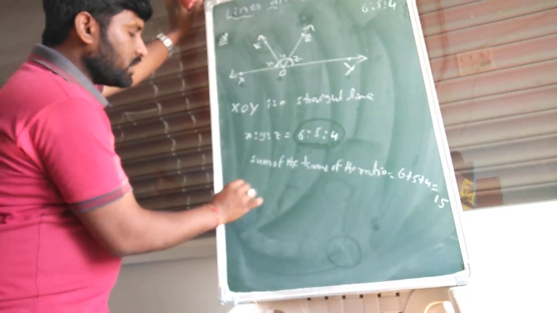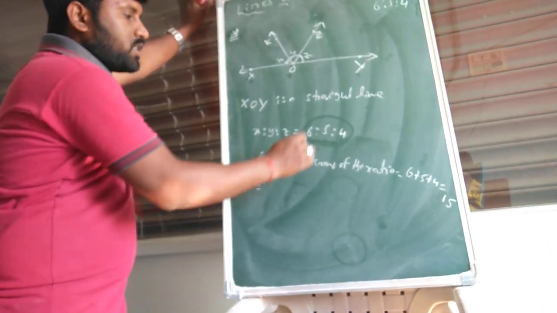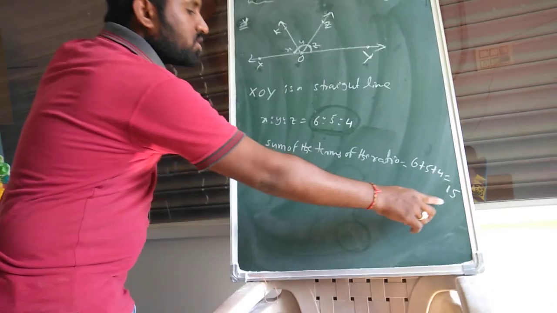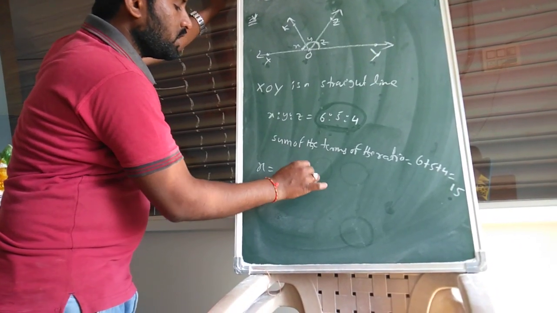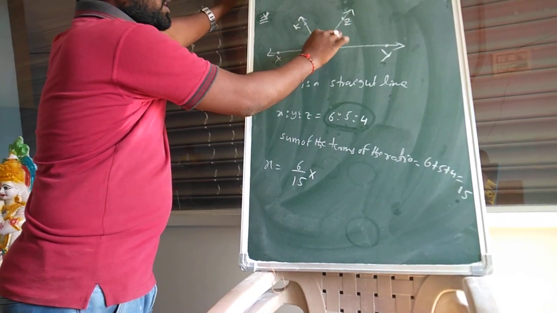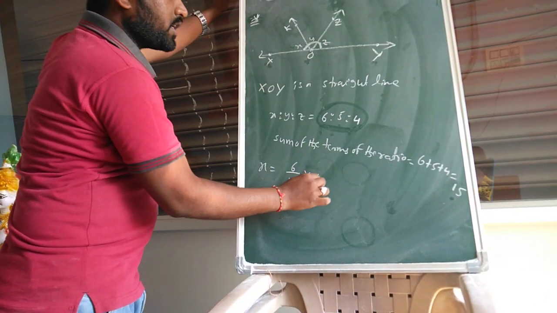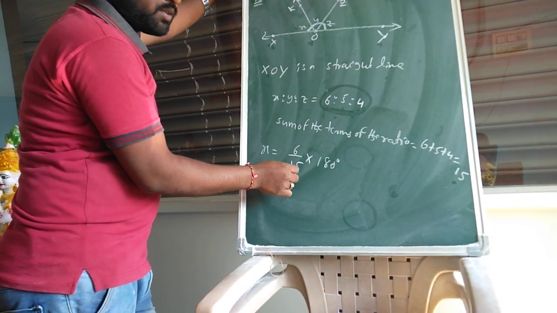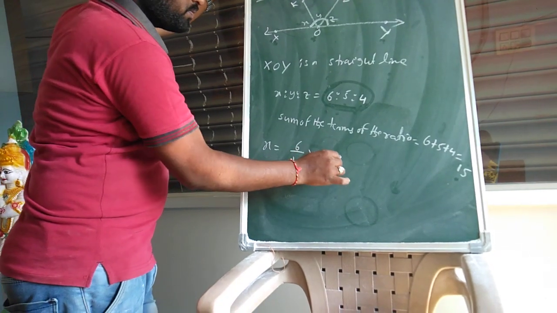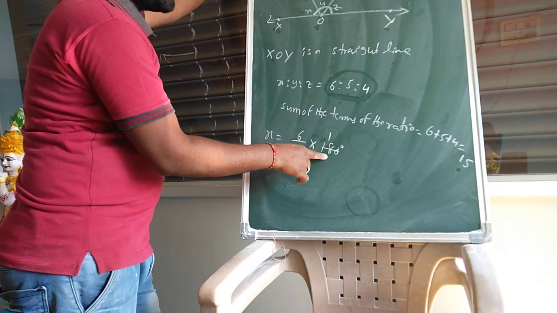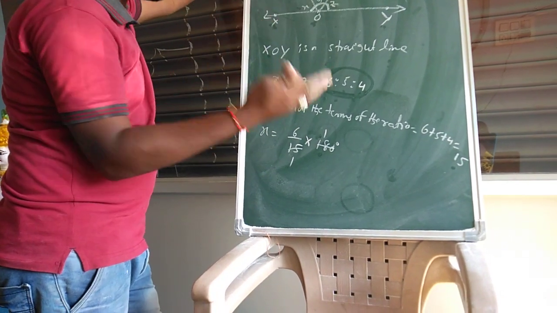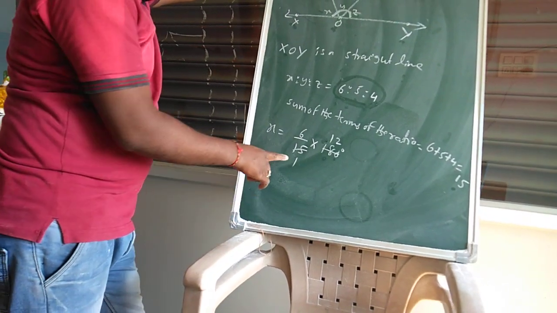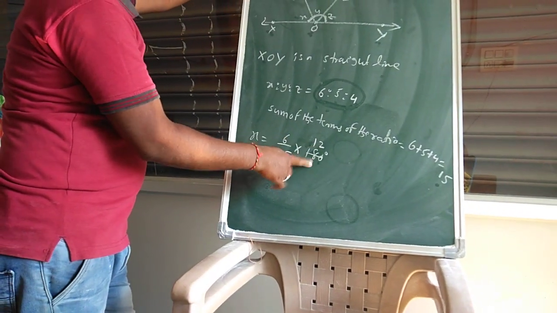So we can find x. What is the first angle? That is 6 by the sum of the terms of the ratio, 15, into 180 degrees, since a straight angle is formed here. Using the 15 table, 15 12s are 180.